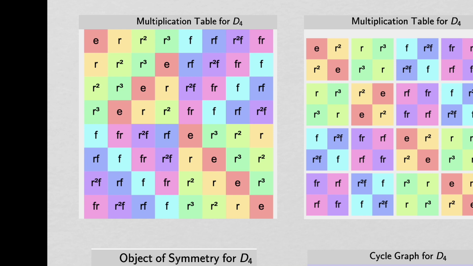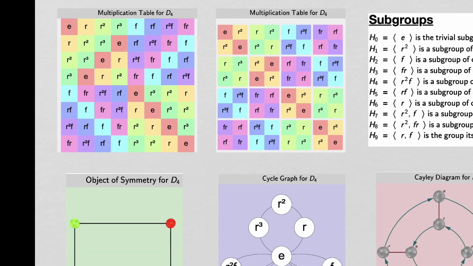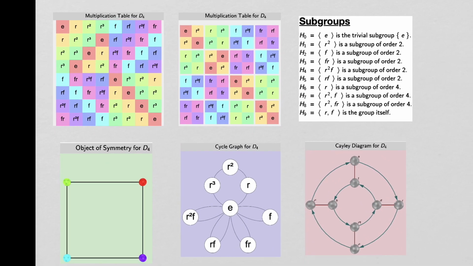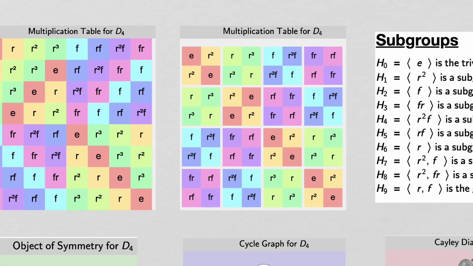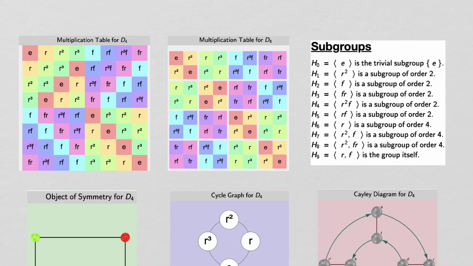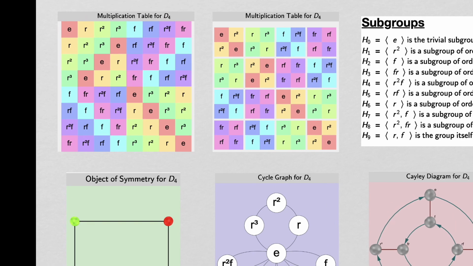But the multiplication table for D4 is the first thing that jumps out at us. Then you can have the multiplication table written in this broken up form in terms of cosets and subsets. So we'll talk about subsets first, and then we'll come back to this multiplication table.